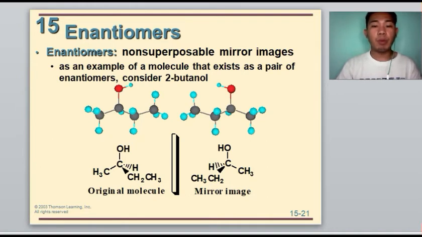Enantiomers are non-superposable mirror images. As an example of a molecule that exists as a pair of enantiomers, we will consider the structure of 2-butanol. Here are the original image and the mirror image.